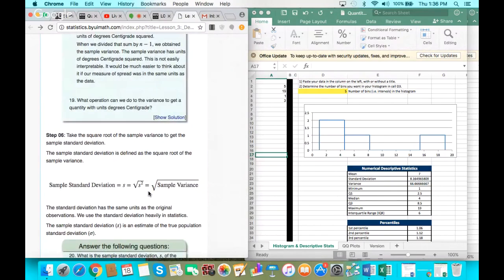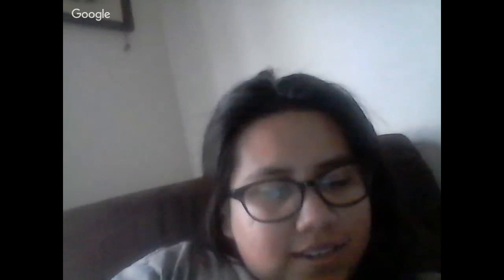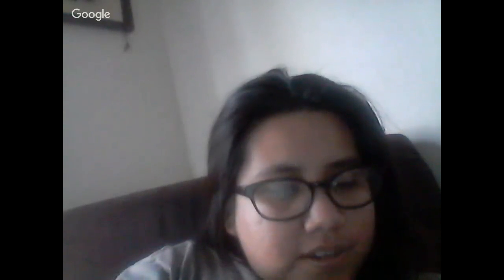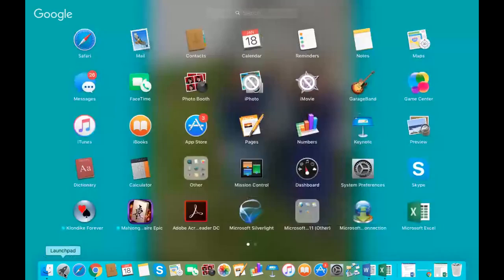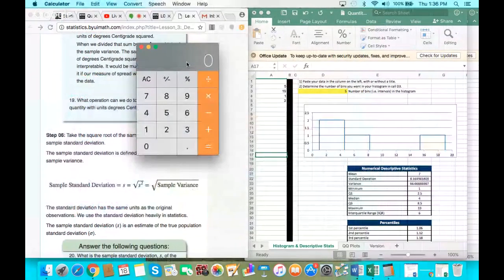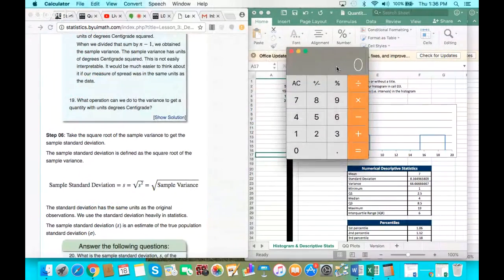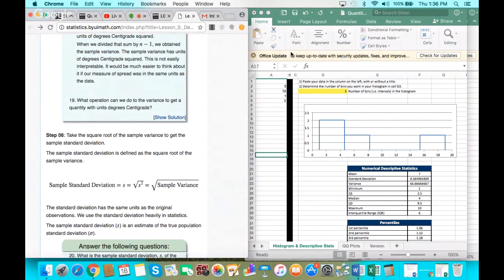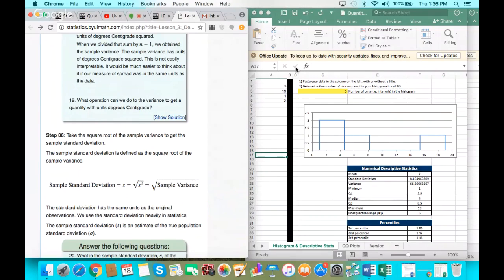So are we supposed to take the square root of 200? Let's see. Can I not do a square root on this little calculator? Yeah, I don't think I can. Let me see.